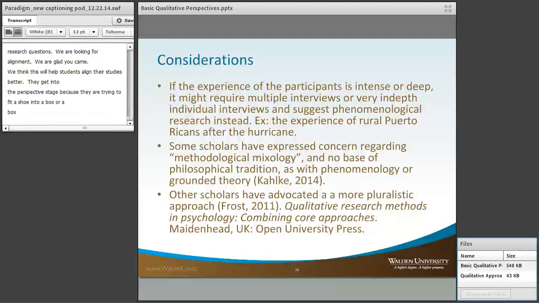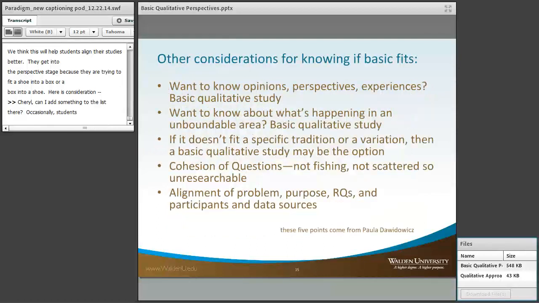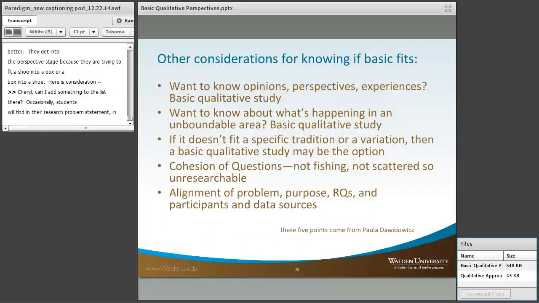Okay, here are some considerations. Cheryl, can I just add something to the list? Occasionally students will find in their research problem statement, in their research gap, an area of study where a qualitative endeavor has never been done, or has not been done well. So using a basic qualitative design is exploratory.